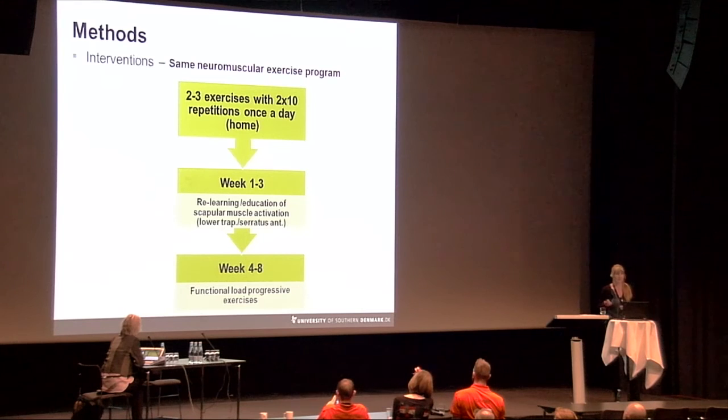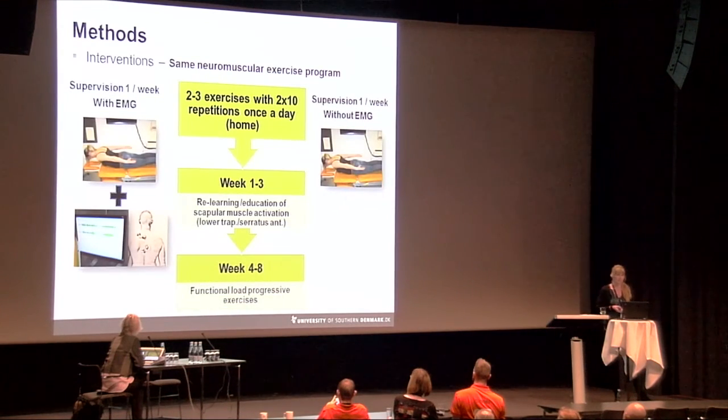And the patients were supervised once a week by the same physiotherapist and instructed how to progress and to do the exercises with 2 times 10 repetitions once a day during the 8 weeks of intervention. And the only difference between the 2 groups was that during the weekly supervision, the EMG group received EMG bar feedback on muscle activity in relation to the exercise instructions, and the other group only received the exercise instructions.